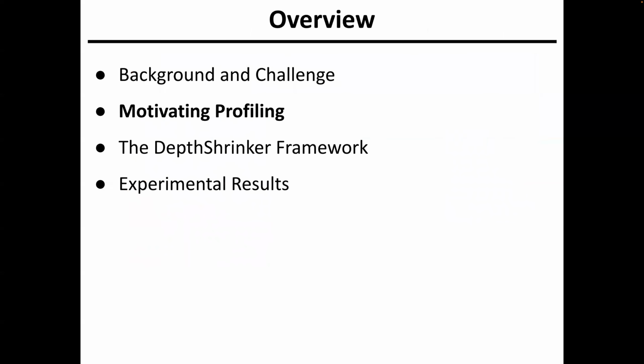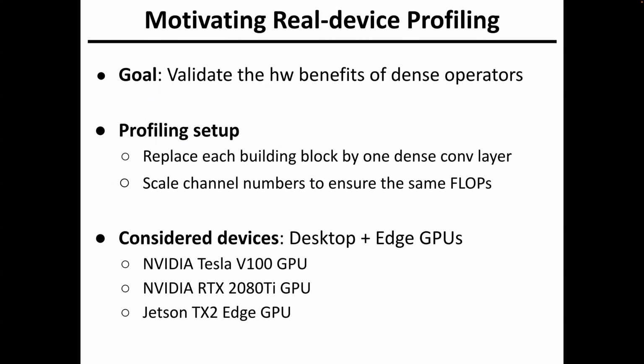To validate the real device efficiency of dense operators, we conduct real device profilings. In particular, for commonly adopted model families, we replace each of their building blocks by one dense convolutional layer with scaled channel numbers for ensuring the same FLOPs, and measure their throughputs on 3 kinds of GPUs, which cover both desktop and edge settings.